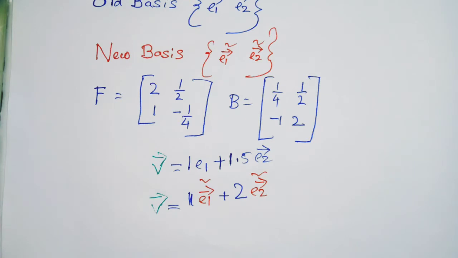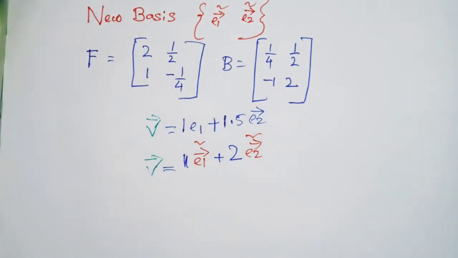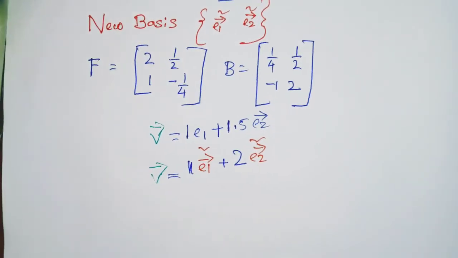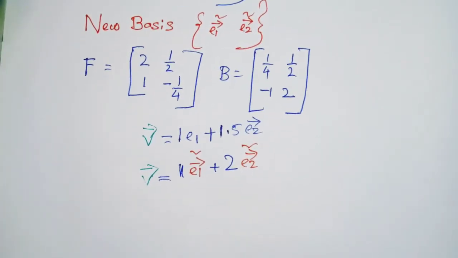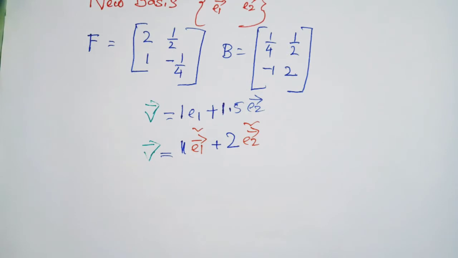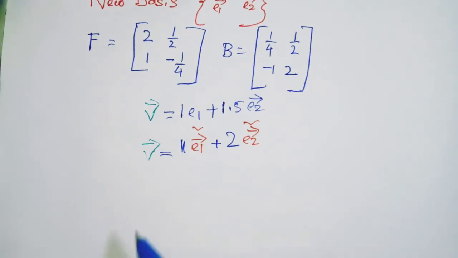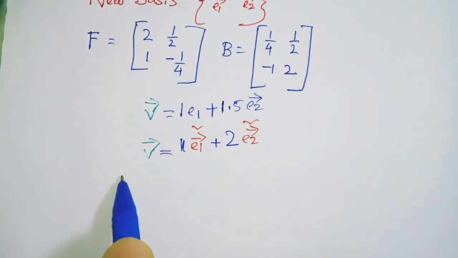Now, once we have got these values, 1, 1.5, 1 and 2, we can definitely write them in the form of a matrix, right? So what would be the form of the matrix? Let me show it to you. Right, so here is the matrix.